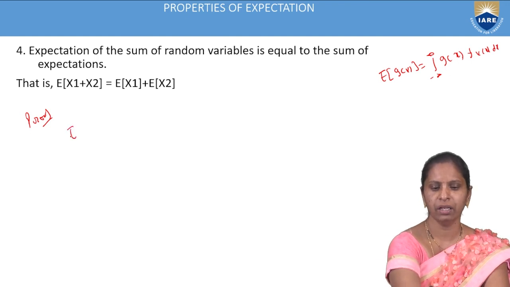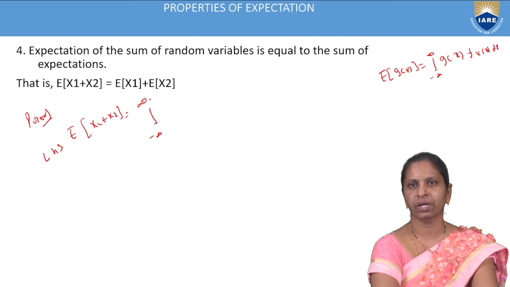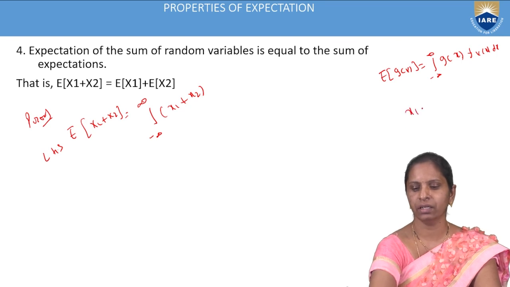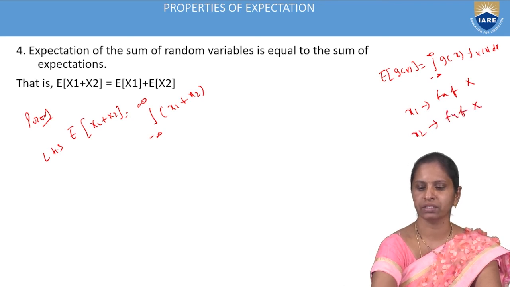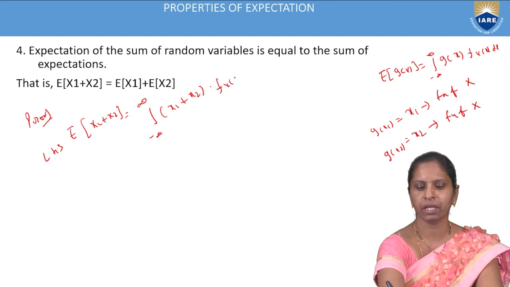Similarly, the expectation of X1 plus X2 is the integration of x1 plus x2. Here x1 is a function of x, and x2 is also a function of the random variable x. We can represent them by g of x1 and g of x2 also, into f of x dx.